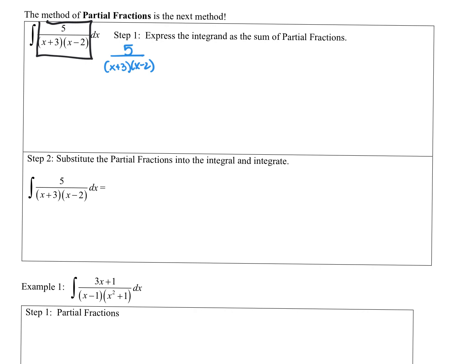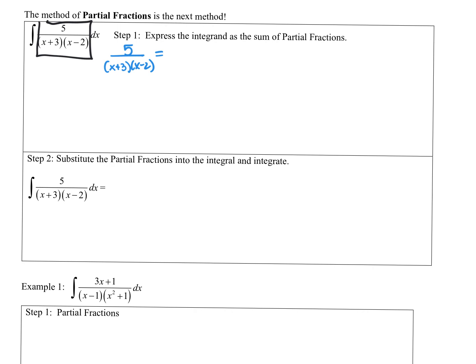So it's usually pretty obvious when it's time to use partial fractions, either when the denominator is factored for you or where you can factor it. Okay? And there's a theorem out there that says we can break up every fraction into a sum of partial fractions. It's proved out there. I didn't prove it. I'm not that smart, but some mathematician did.